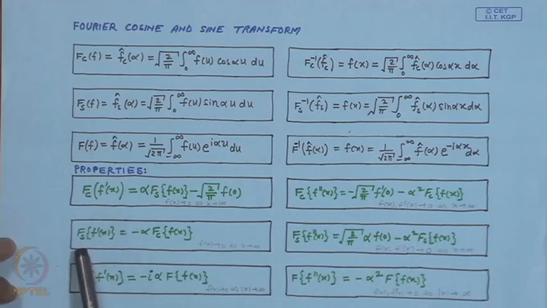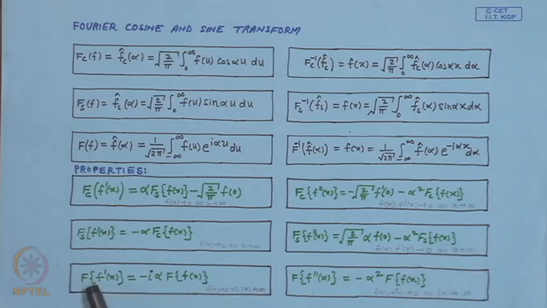Similarly, for the sine transform, the Fourier sine transform of f prime(x) is simply minus alpha times the Fourier cosine transform of f(x), and the Fourier sine transform of the double prime is square root of 2 over pi alpha f(0) minus alpha squared times the Fourier sine transform of f(x).